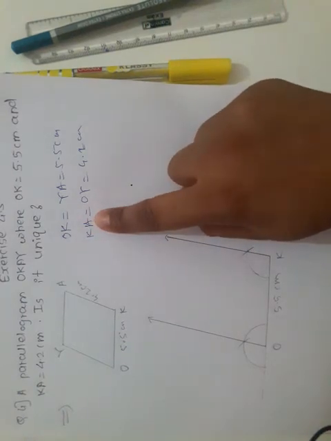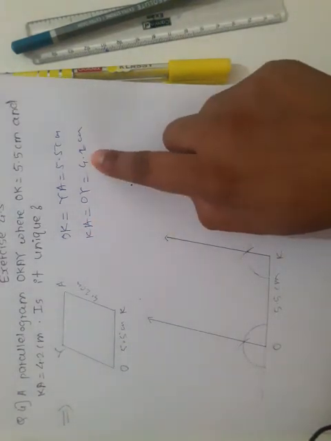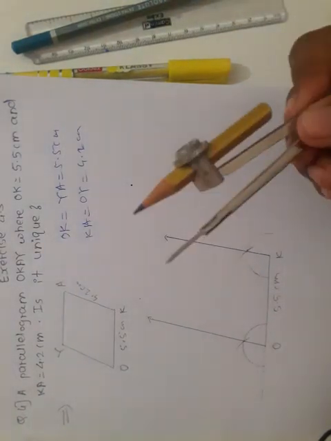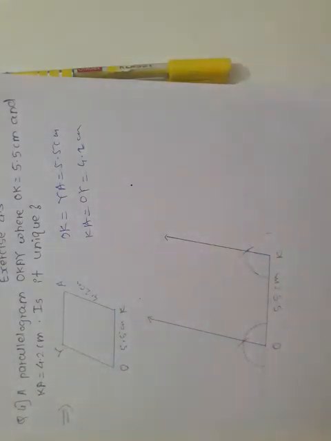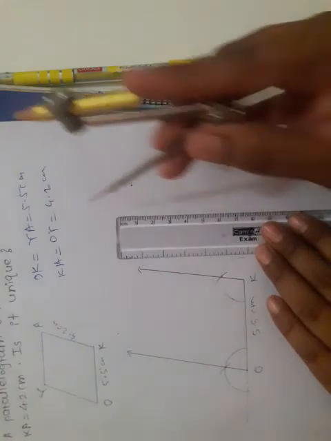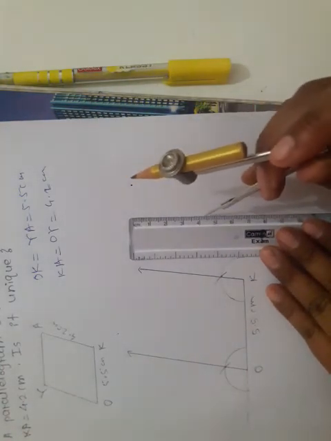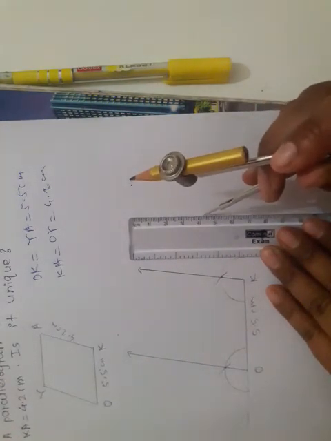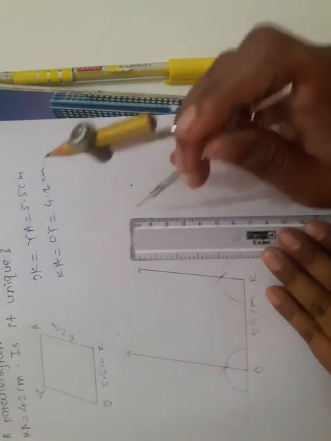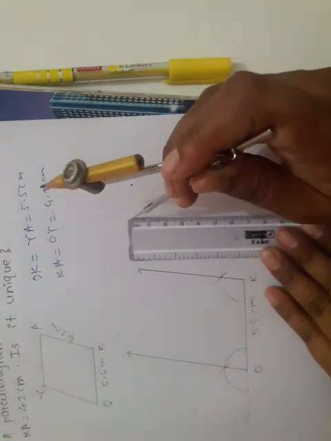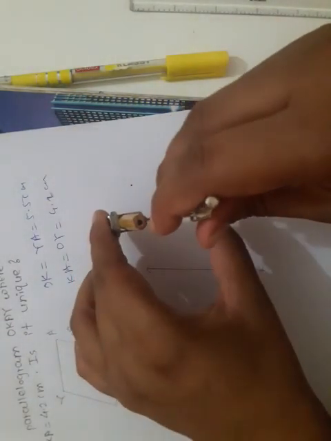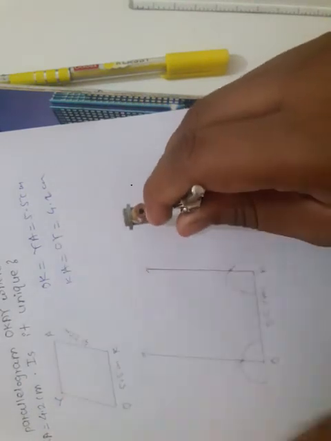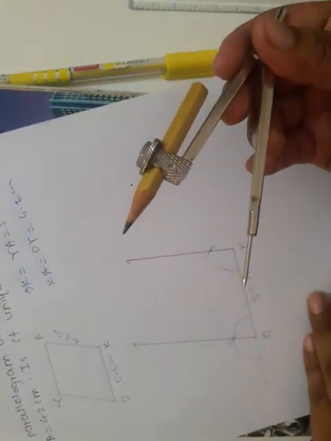Now, to obtain this point A, we have to take a distance of 4.2 centimeter with the help of this compass, put the pointer on point K and draw an arc on the ray. Take the distance of 4.2 centimeter.